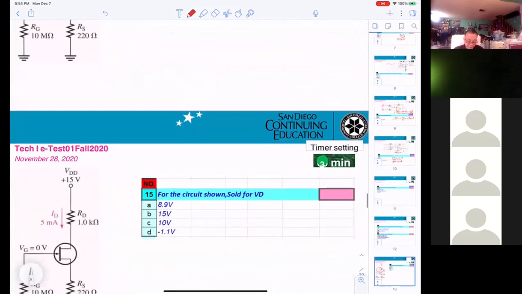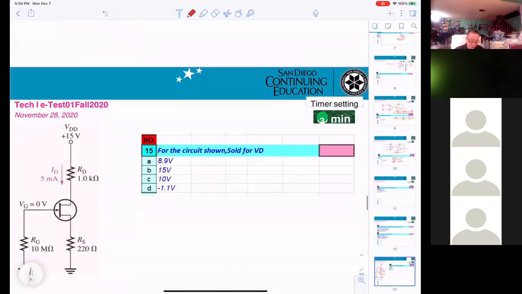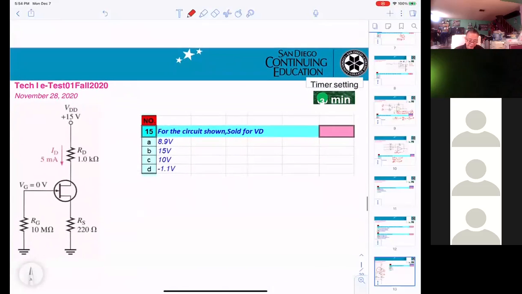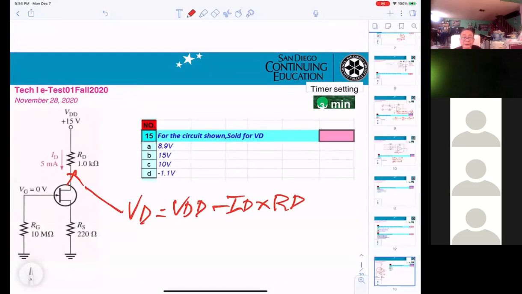And now they want to get VD, that means the voltage here. VD equals VDD minus ID times RD. And this is number 15, C.